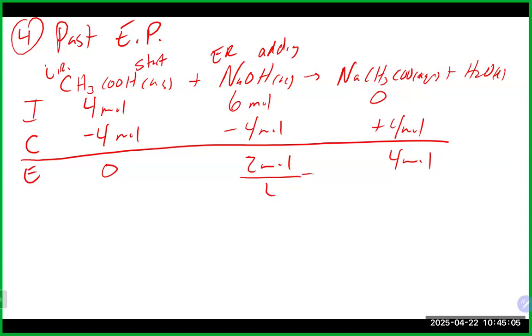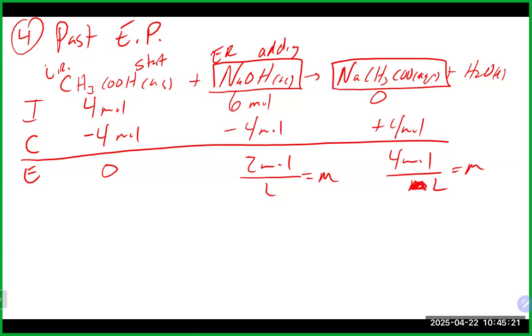Once again, we're going to do a little conversion back into molarity using our total volume. And at this point, we can look and see what we got going on. We have sodium hydroxide and we have sodium acetate. So we have a salt and sodium hydroxide.